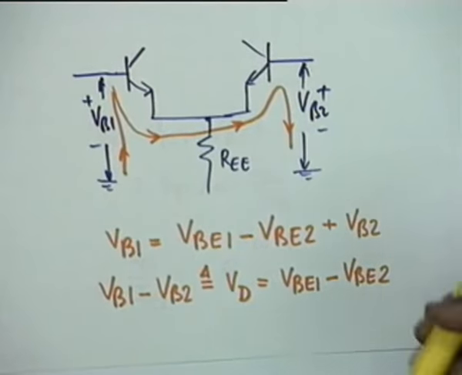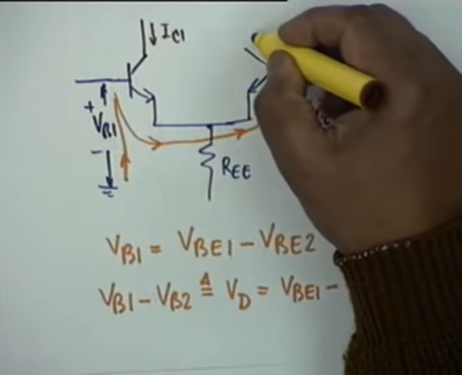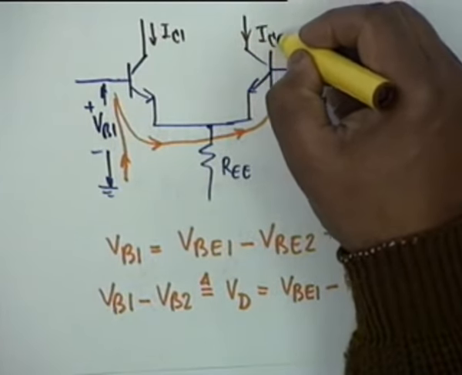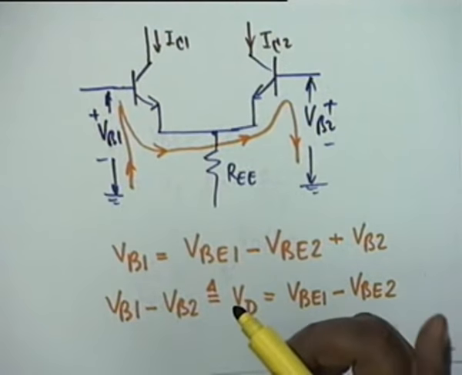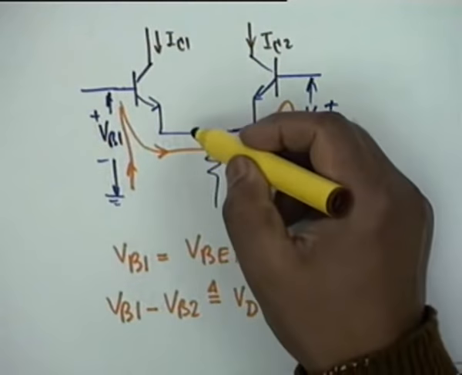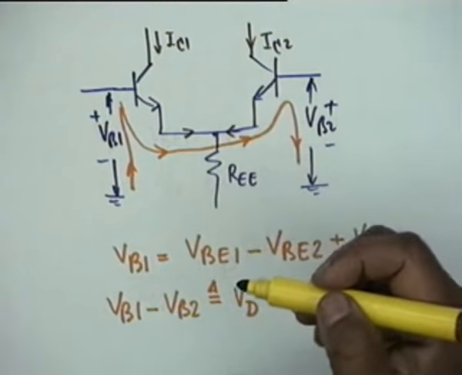We go back to the last but one slide, and you notice, now I'll use a different color, that if this current is I sub C1 and this current is I sub C2, since we have ignored the base currents, the same current must flow here and here, IC2.